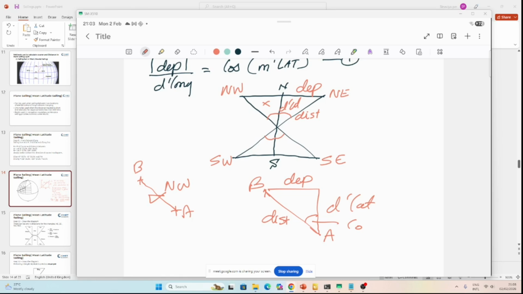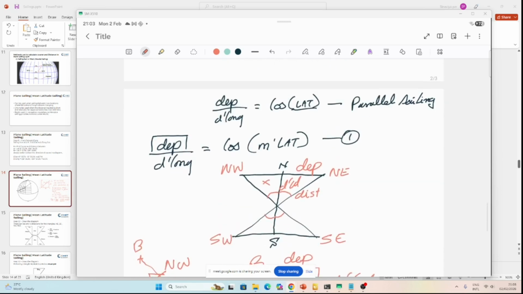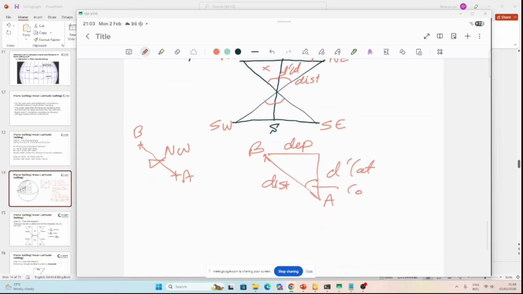All right. So let's do a sum and see how to calculate. What are the formulas that we are going to use? We need to find the course and distance. That is the fundamental requirement for a navigator: the course and distance. By using plane sailing, we are going to find out the course and the distance.